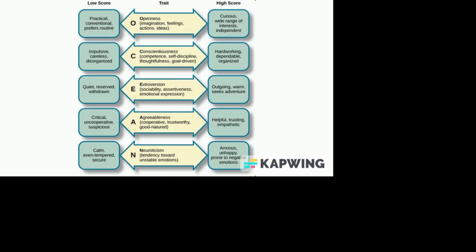On the high end, you can be helpful, trusting, and empathetic. Last is neuroticism. That's associated with a tendency toward unstable emotions. So on this one, on the low end, you're calm, even-tempered, and secure, but on the high end, you're anxious, unhappy, and prone to negative emotions. So that one's a little flipped if you think about it in some ways.